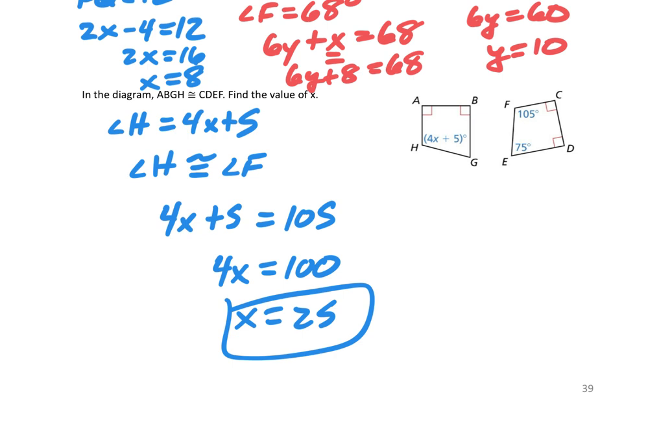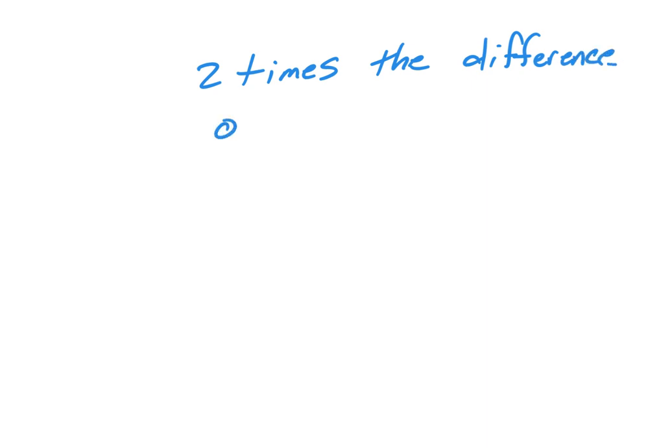There was one question yesterday that a lot of people were struggling with, and it was the story problem about the wording. If I say 2 times the difference of x and 8, this was very similar to the problem yesterday.